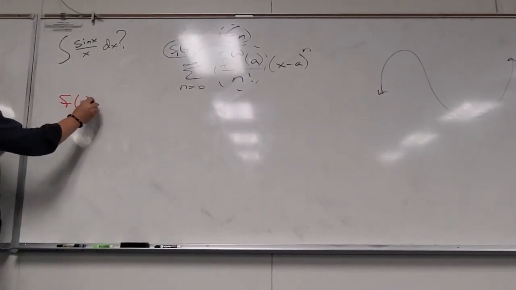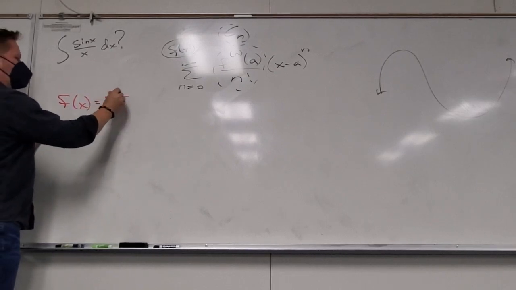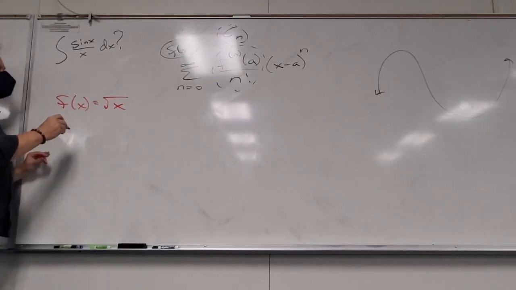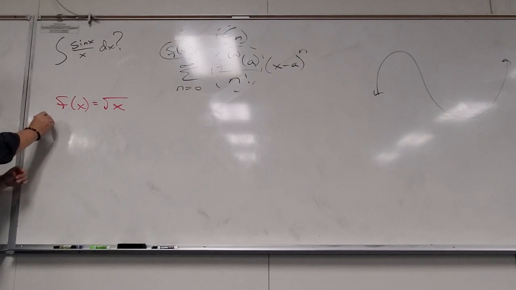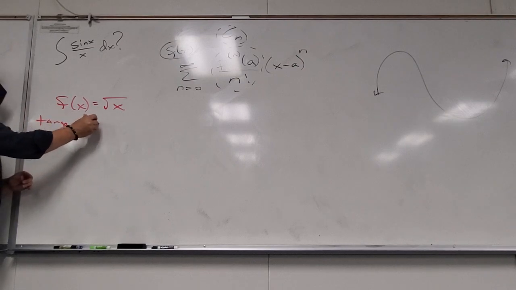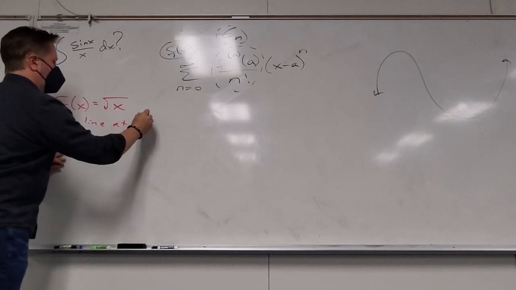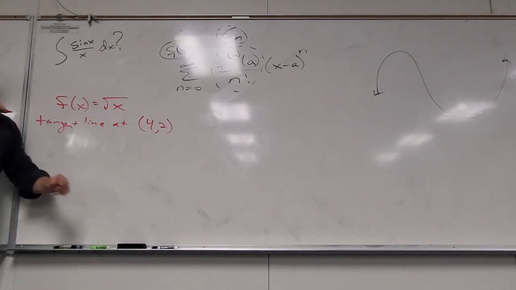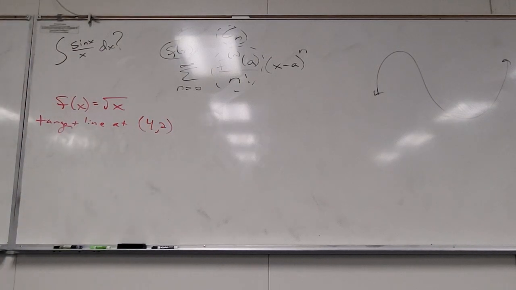If I have the function square root of x, and I want to find the tangent line at (4, 2)... I could have made it (9, 3), whatever. It just has to be a point that exists on that function.